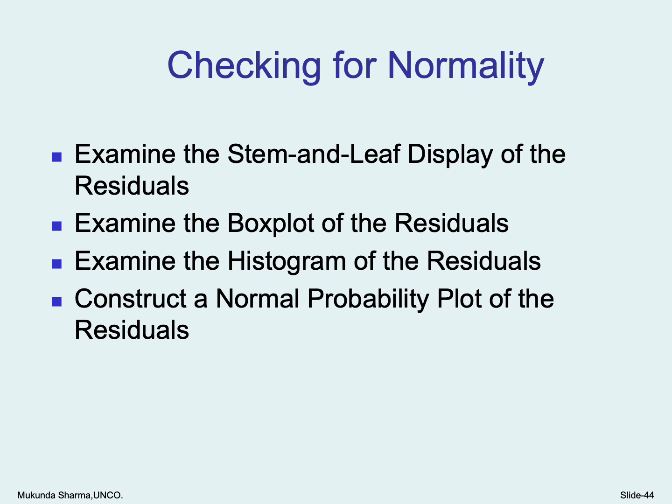We can check normality, because the values of the variables should be normally distributed. We can check normality using a stem-and-leaf display, box plot of residuals, histogram of residuals, or normality plots.